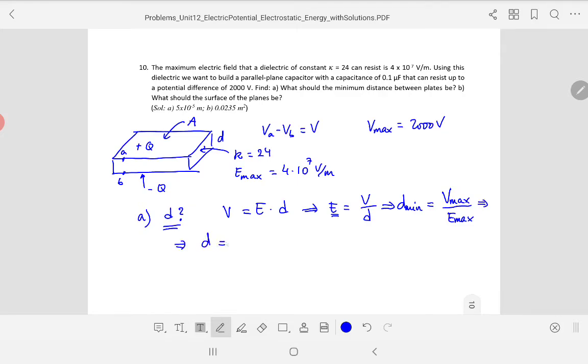This minimum distance is going to be 2000 volts divided by 4 times 10 to the 7 volts per meter. And this, if you do the math, is 5 times 10 to the minus 5 meters.